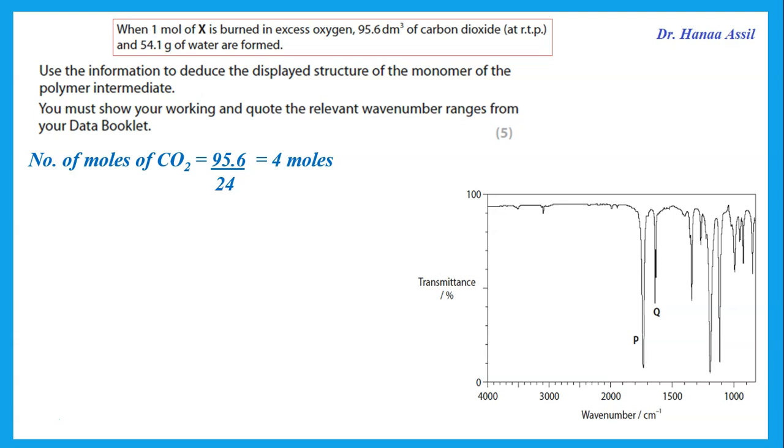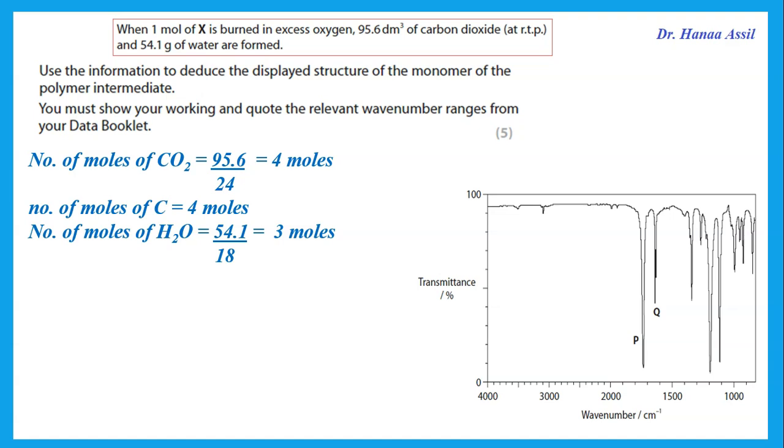Each mole of carbon dioxide has 1 mole of carbon, so that is the same as the number of moles of carbon. Now we have the mass of water. We can use that to get number of moles of water, mass over molecular mass. But each mole of water has 2 moles of hydrogen, so the number of moles of hydrogen is twice of that.